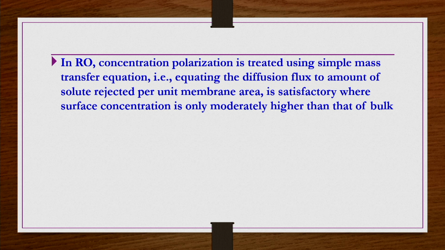In reverse osmosis such concentration polarization would also be there, but we do not need to worry about the variation of concentration with respect to the x distance from x equals 0 to delta, because the Cs and C1 variation is in general very small. Cs minus C1 is very small and can be neglected in reverse osmosis.